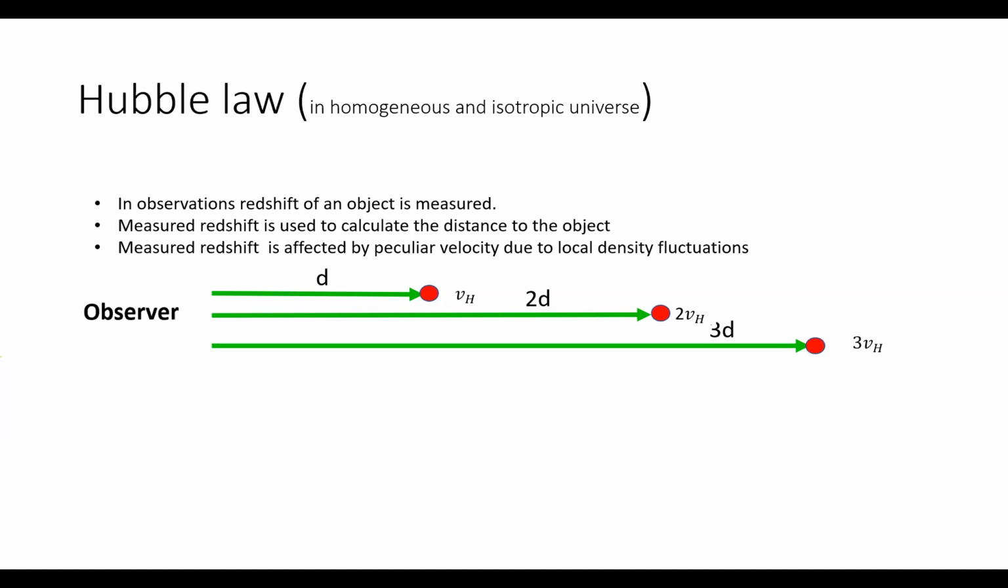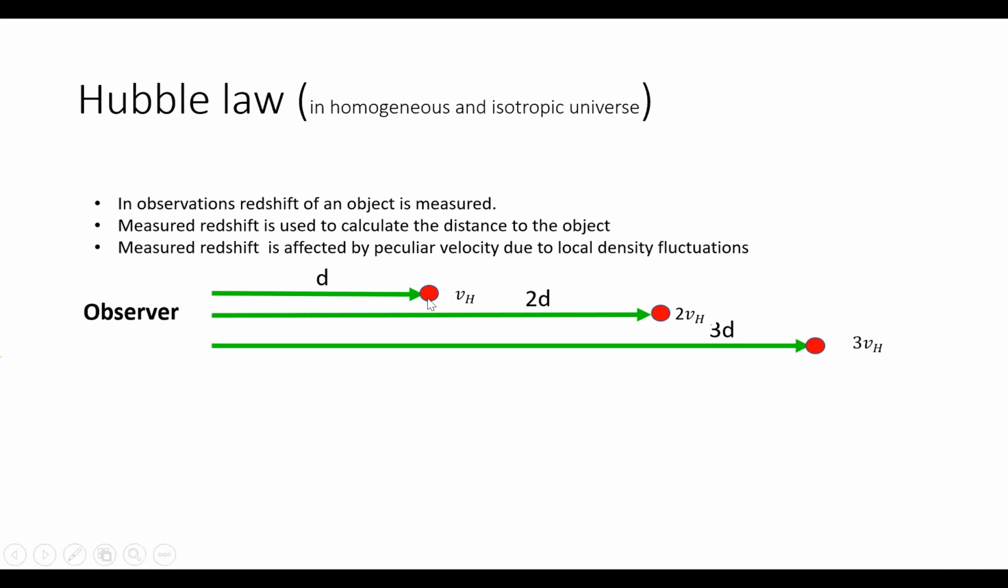Another effect is redshift space distortion. Before I discuss the redshift space distortion, let me tell you the Hubble law. The Hubble law tells you that for any astrophysical object, the velocity is proportional to the distance.